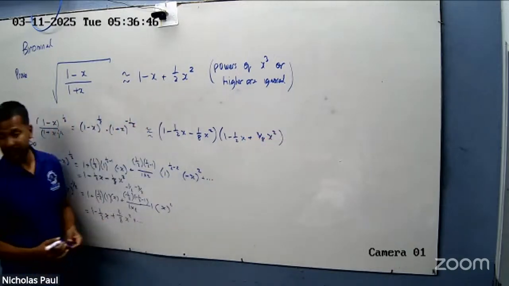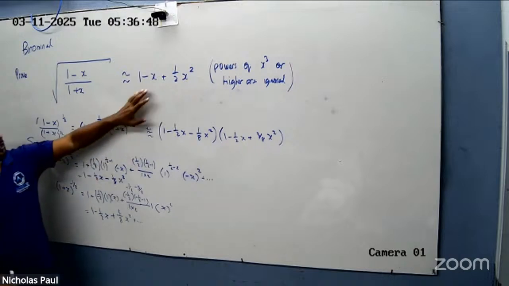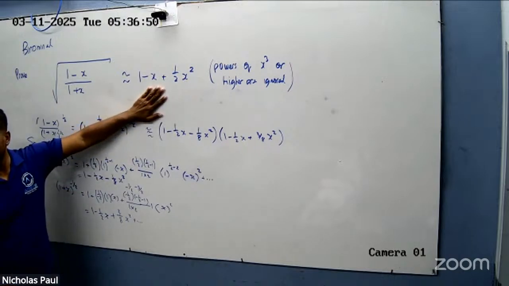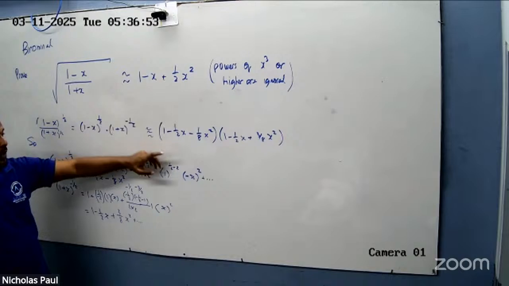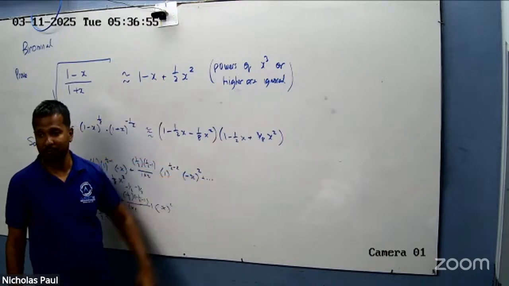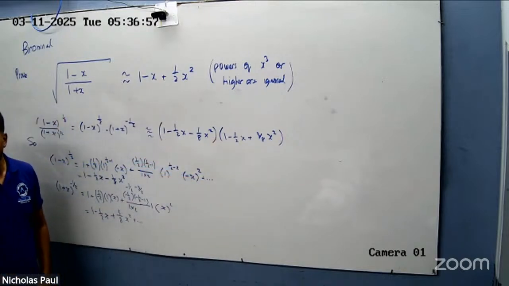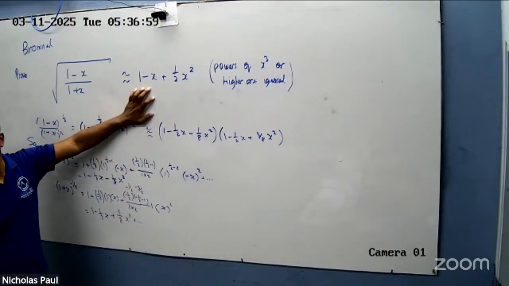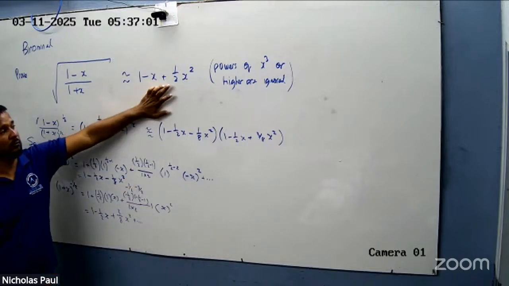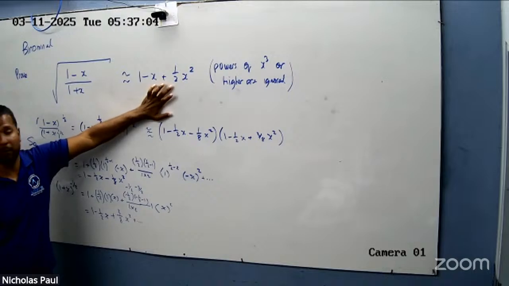I have a question: look at what I want to get. Do I have to multiply every single term in here? So one of the terms that'll give me what? One of the terms that give you up to x squared, right?